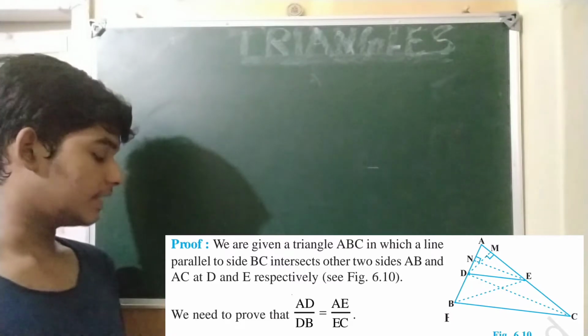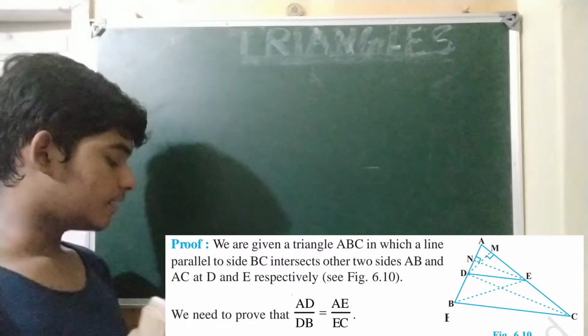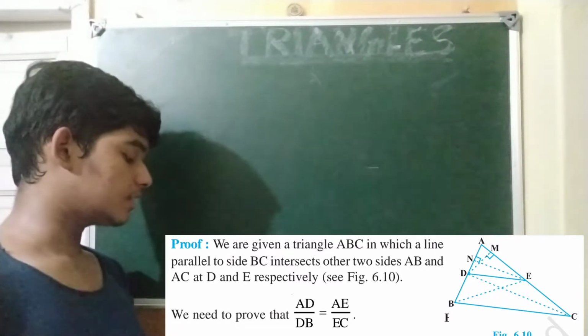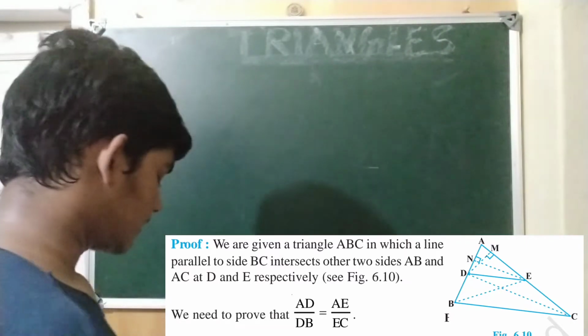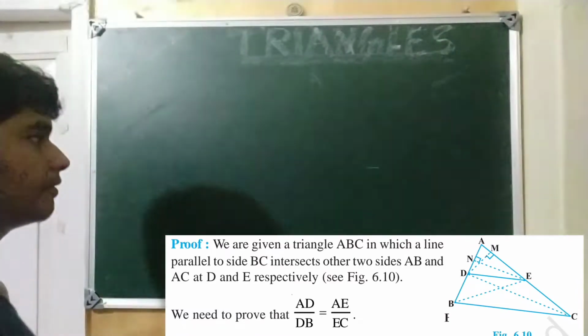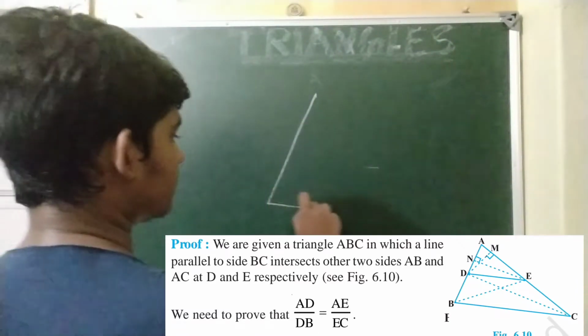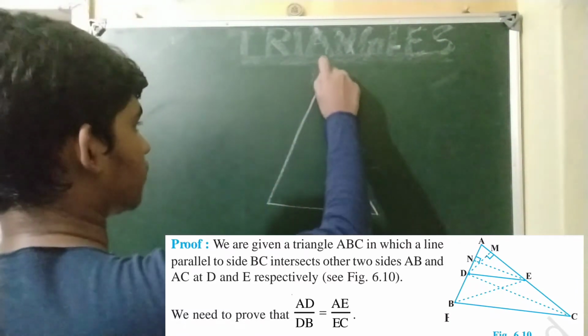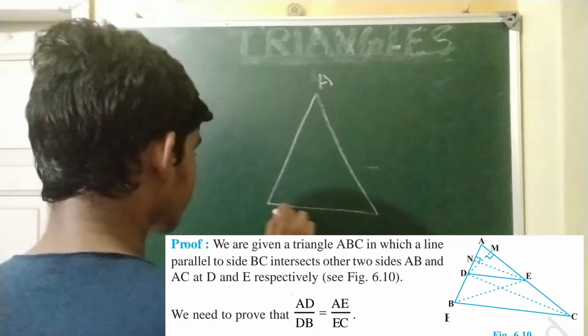We need to prove AD by DB is equal to AE by EC. So let me draw a diagram. To do this sum, we need to change the diagram and construct a lot more things.